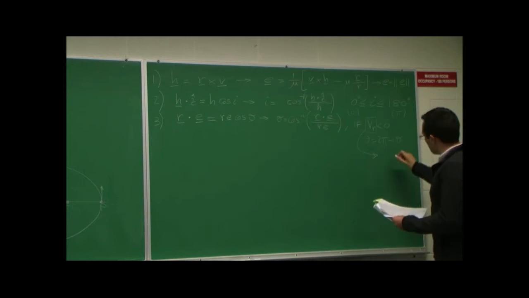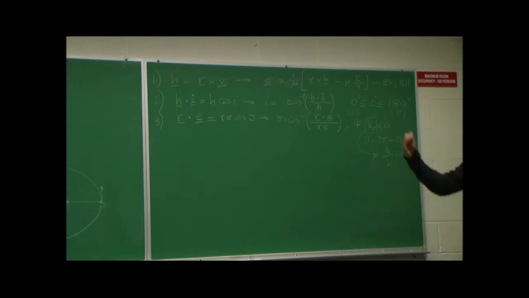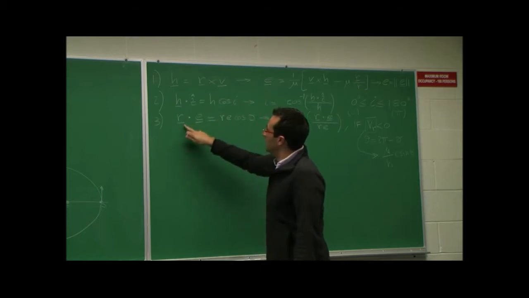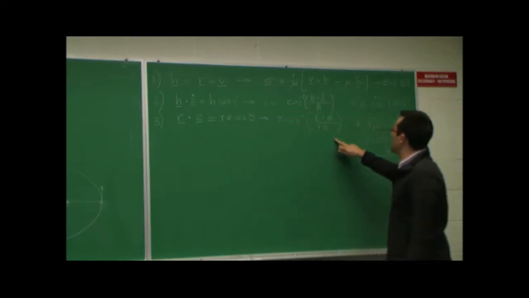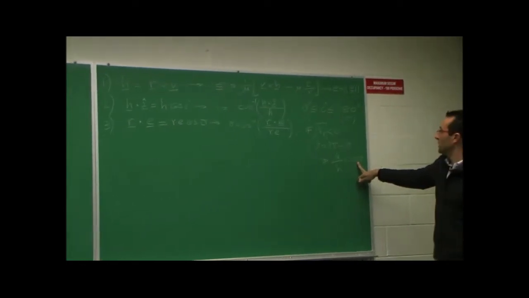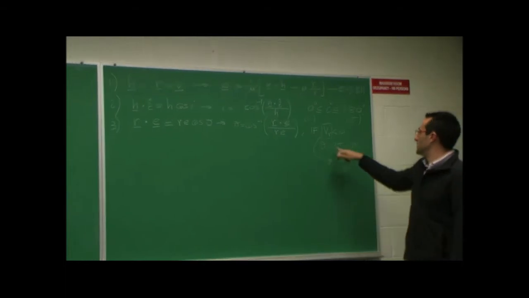VR is this expression here, mu over h e sine of theta. So this would be the procedure. You compute this dot product, compute this arc cosine, check at that theta what's happening, and fix it.